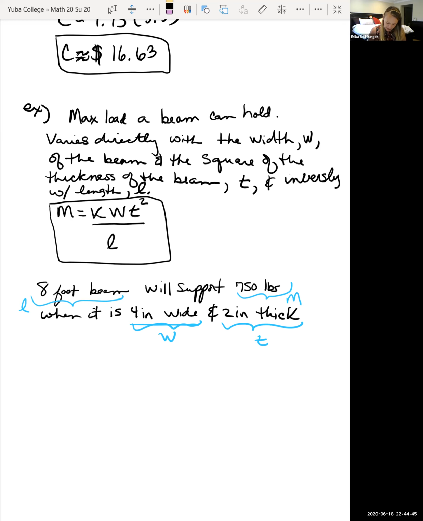And so if we go back in there and plug those values in, we got 750 is equal to K times the width, which was 4, times the thickness, which is 2. We're going to square that, all over the length, which is 8.